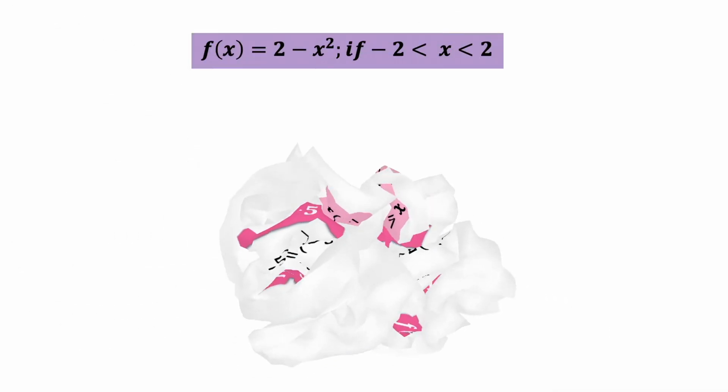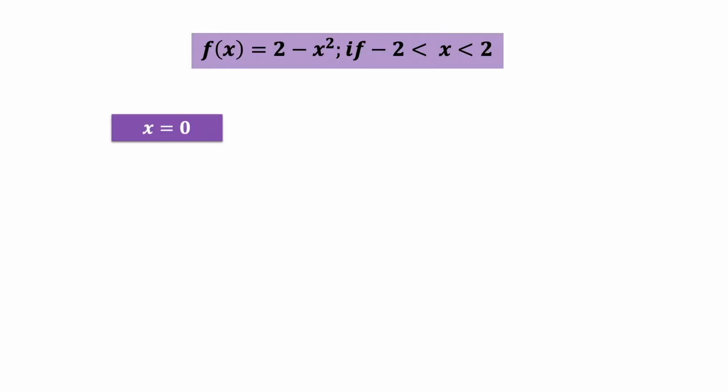Now, we will find f of 0 using the second subfunction of our piecewise function. We will substitute 0 to all x variables in f of x equals 2 minus x squared.